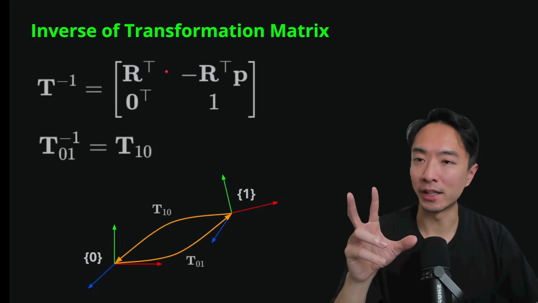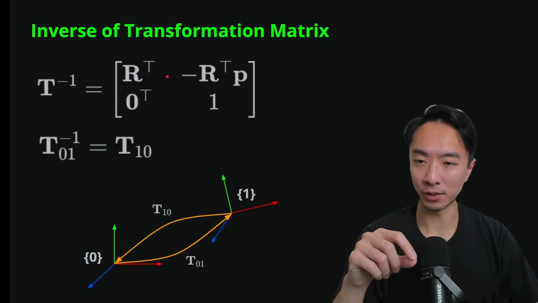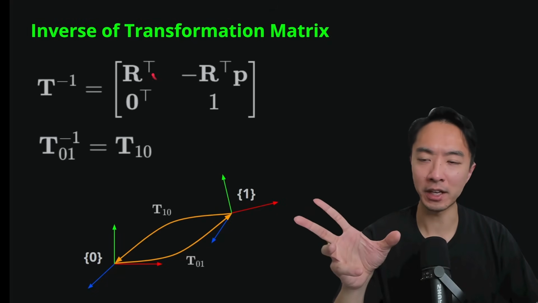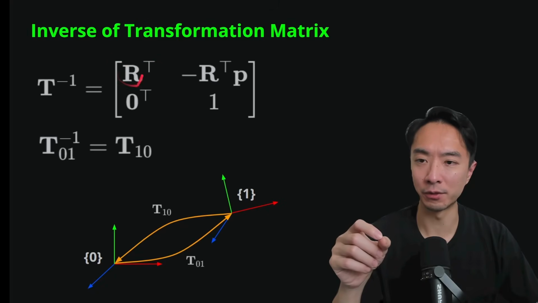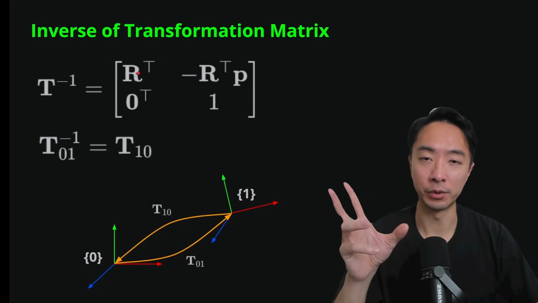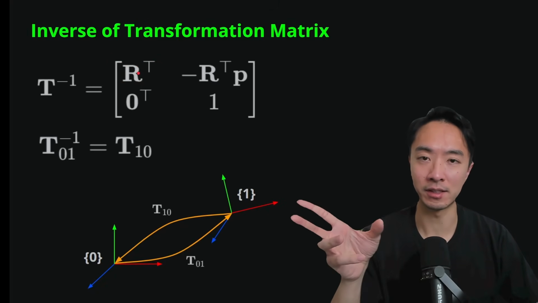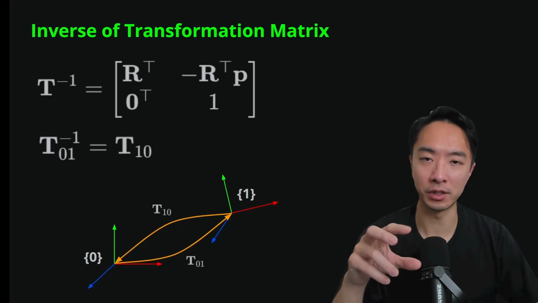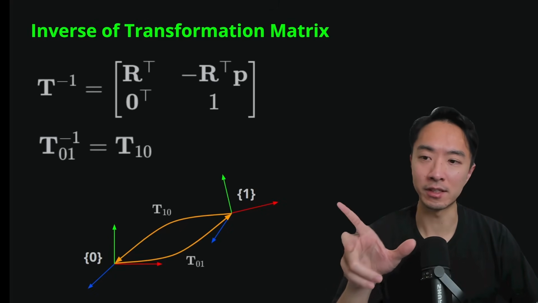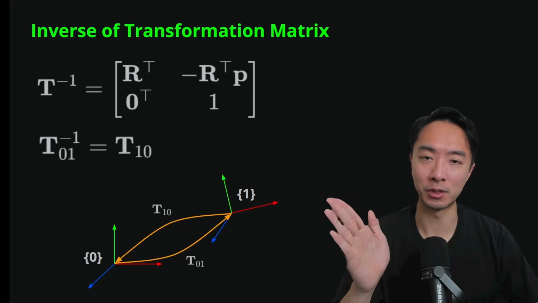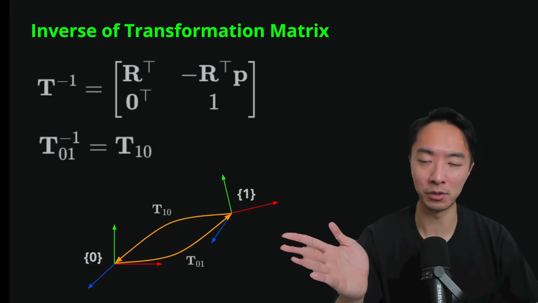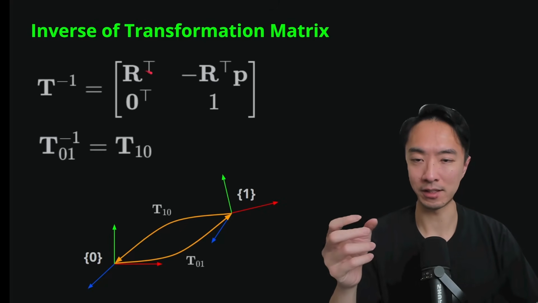So when you want to find the inverse of a transformation matrix, what this tells us, you can actually find the transpose of your rotation matrix, because when we talked about the rotation matrix previously in some of our older videos, we know that the transpose is the inverse, and that allows you to go between, say, 0 to 1 or 1 to 2. Transpose is the same thing as inverse.